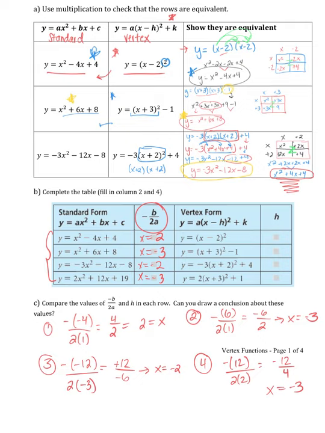Now, when we look at vertex form, it's a little bit easier, okay? Because in this case, we are only looking for h. So on the next page, you're going to see that x is equal to h, okay? So whatever our h is, that's what x is going to equal. That's only when we're looking at vertex form, okay?